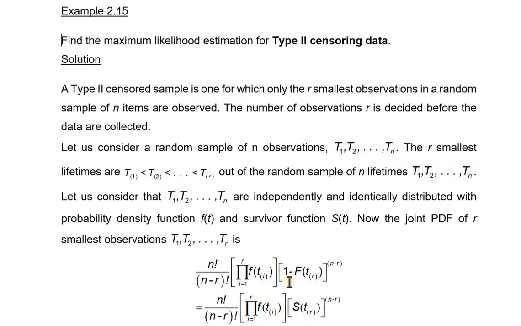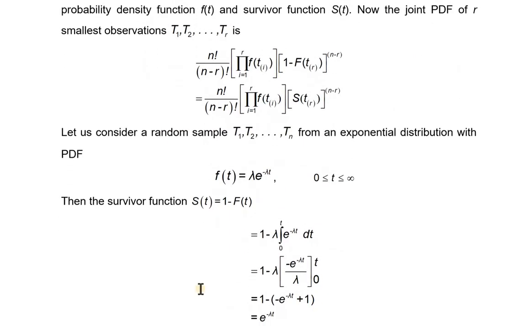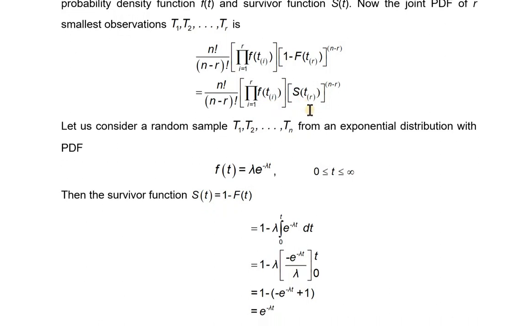Here, 1 minus F(t) can be substituted into S(t). We know the F(t) of the exponential distribution, so we substitute into this function, and then also for S(t).